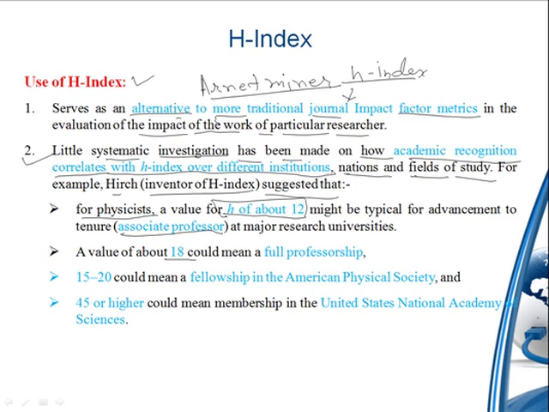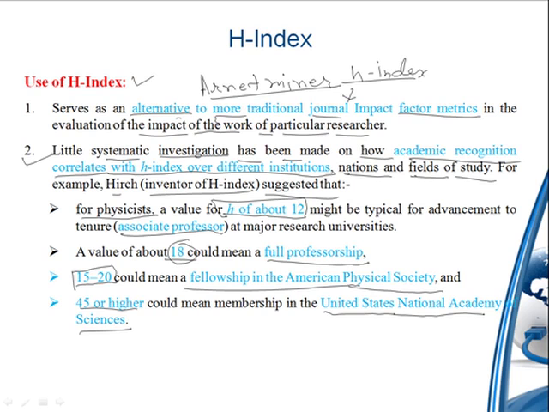Similarly, an H-index having value 18 will be suitable for a full professorship. Similarly, a 15 to 20 H-index range may be suitable for fellowship in the American Physical Society, and 45 or higher may be suitable for membership in the United States National Academy of Sciences.